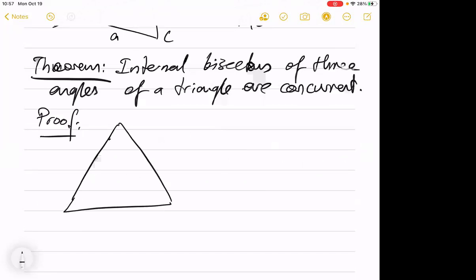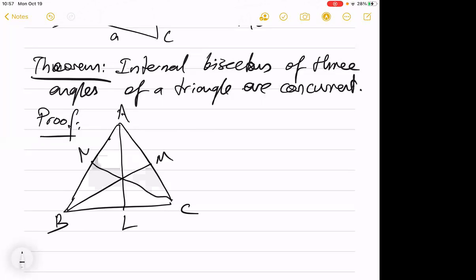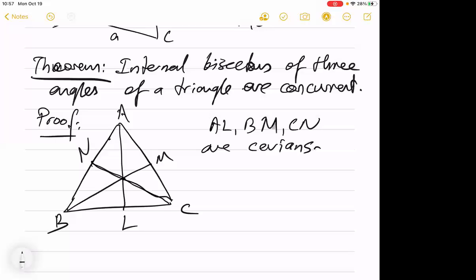This is triangle A, B, C, this is L, this is M, and let's say this is N, and we want to show that AL, BM, and CN are cevians through the same point.